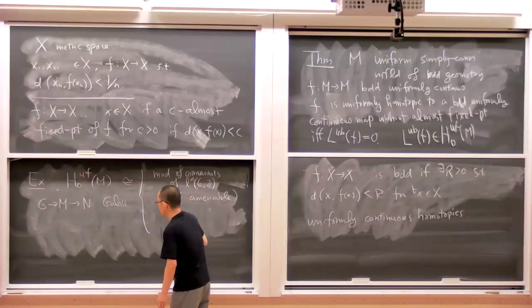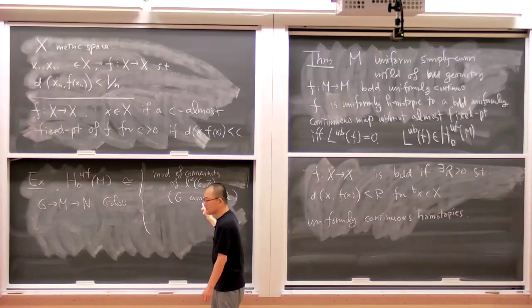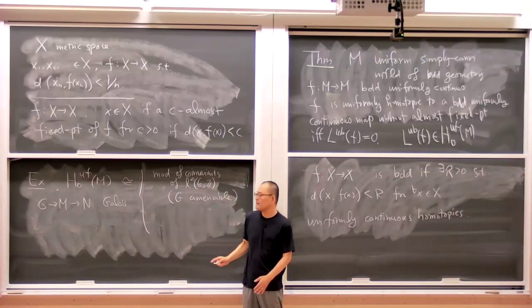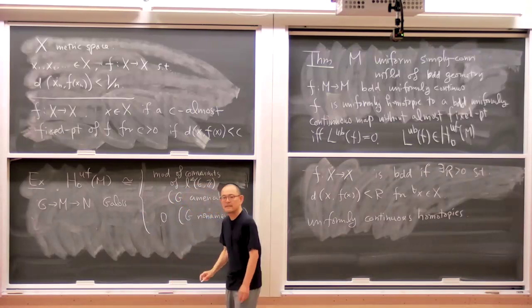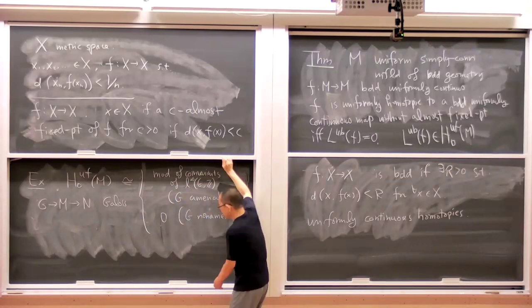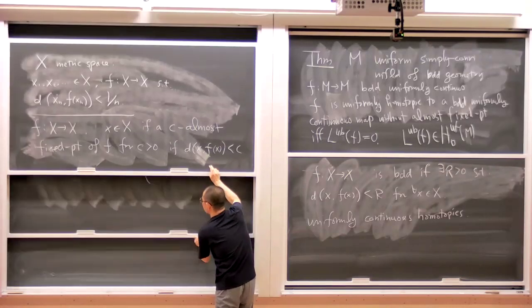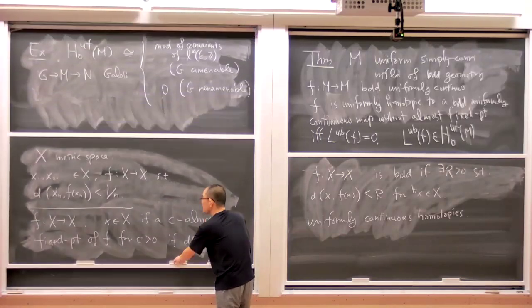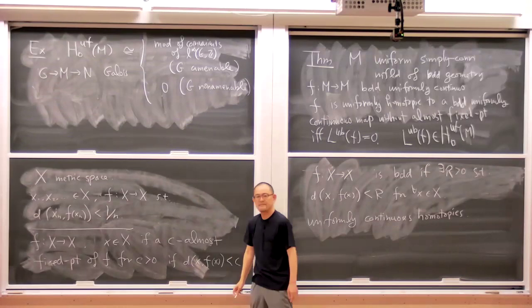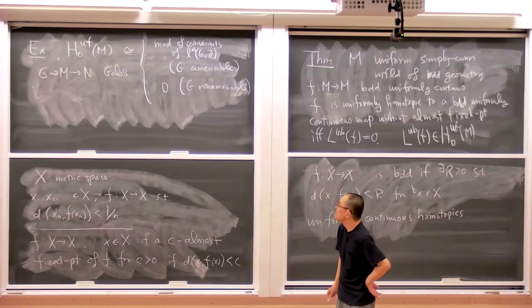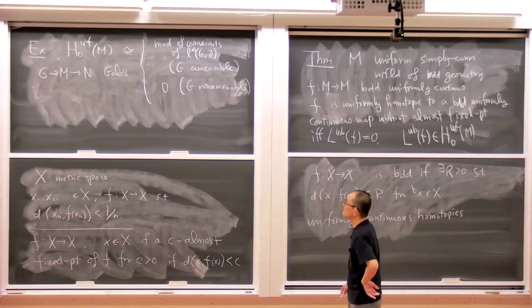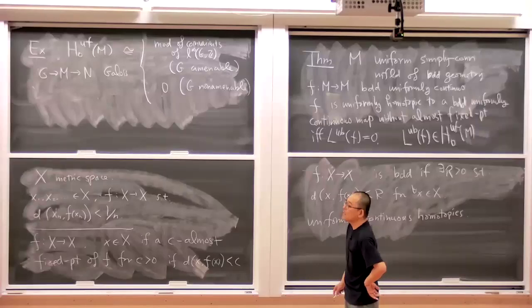And if G is not amenable, this is 0. So where is M in your coinvariants?